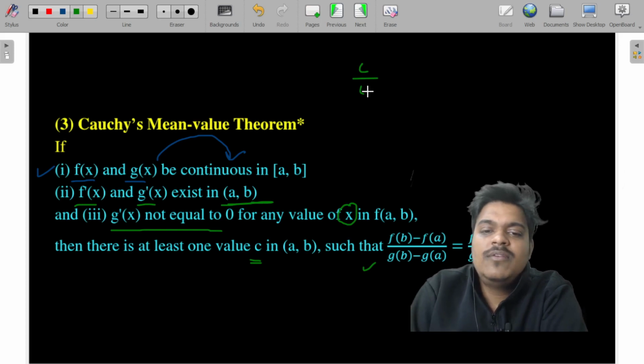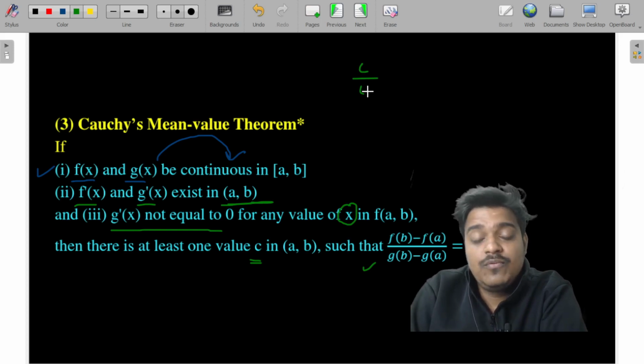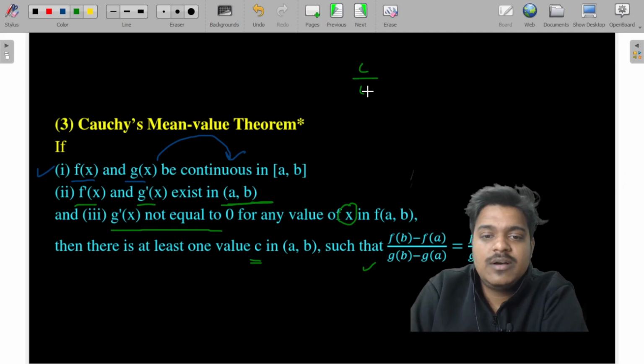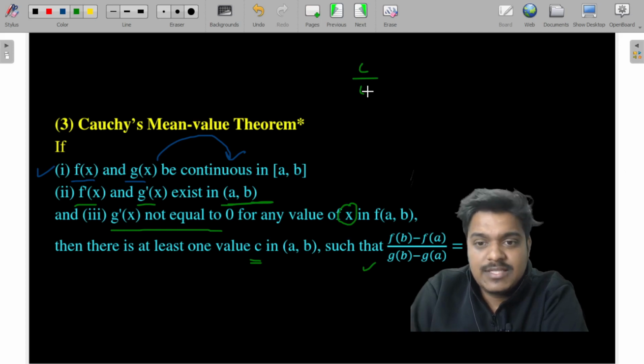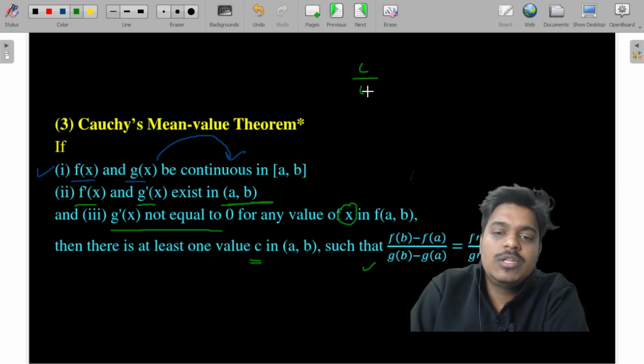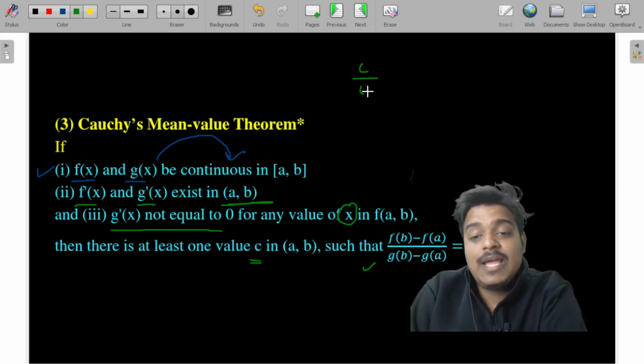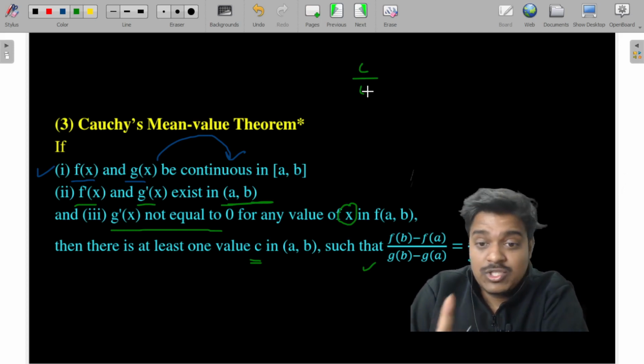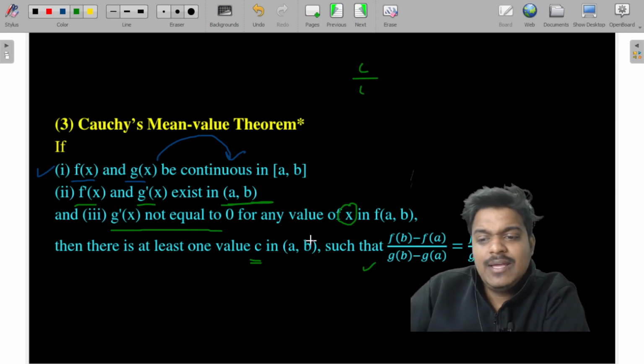Suppose there are two curves and we need to prove the mean value theorem between those curves, given that both of them are continuous independently, the derivatives of both functions exist between a and b, and g dash x is not equal to 0 for any value. So that is why you apply this.